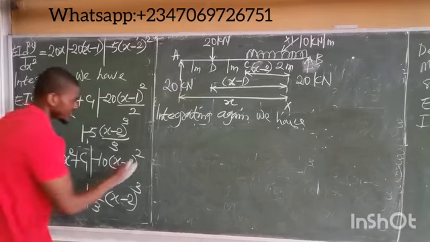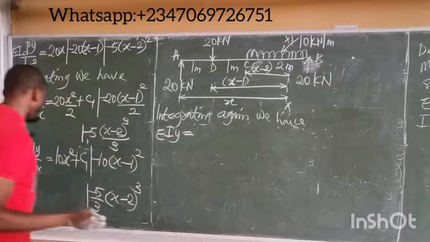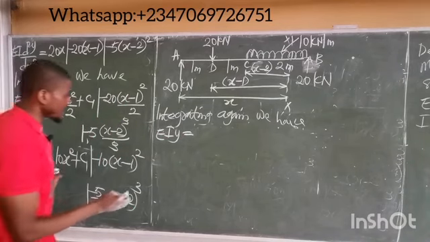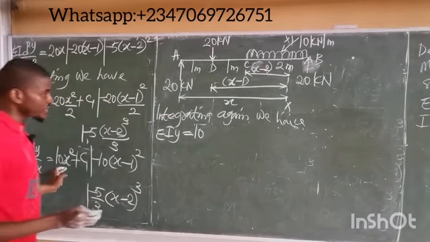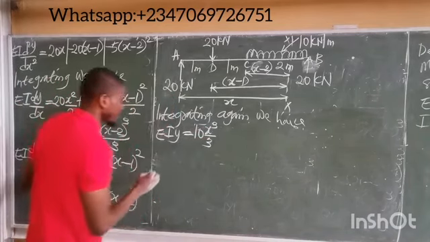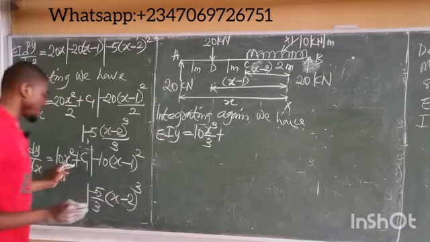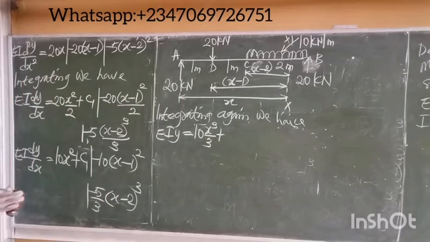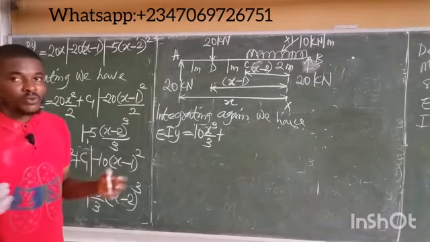So that will simply give me EI y, and that's equal to, here I have 10, okay. Now if I integrate x squared, I will simply have x to the power of 3 all over 3, plus, to integrate a constant now, here is C1 with respect to x. To integrate a constant, simply attach the integral variable to the constant.